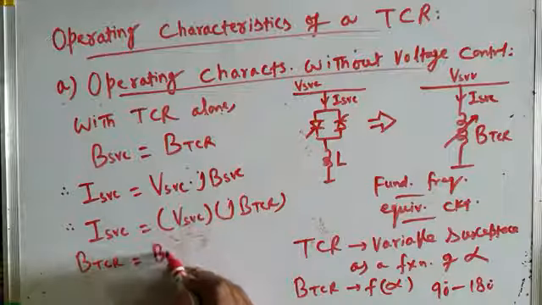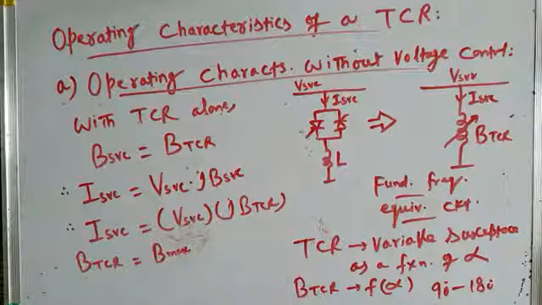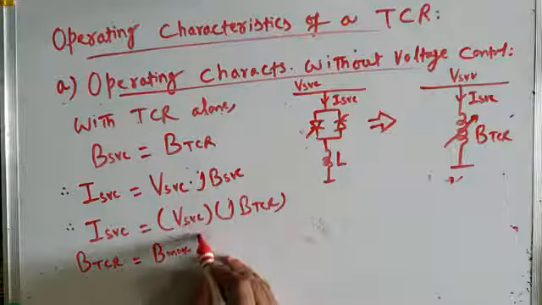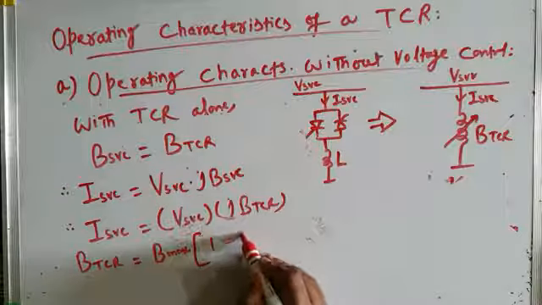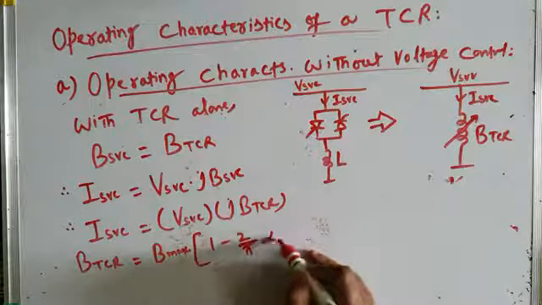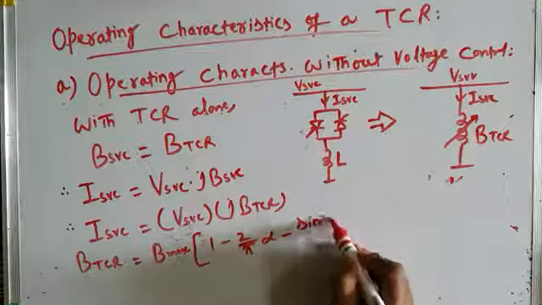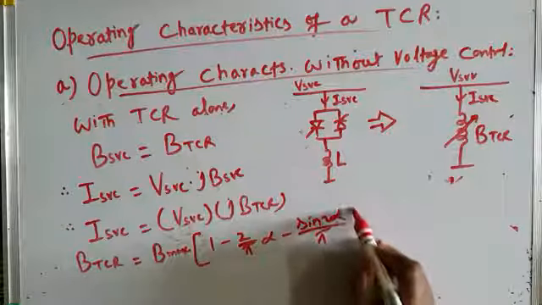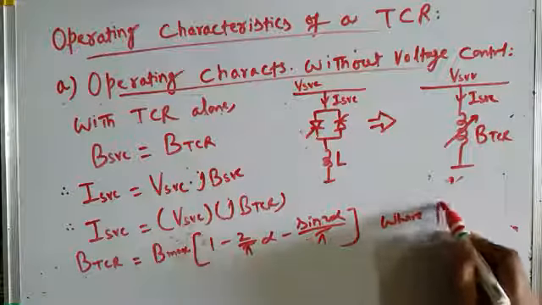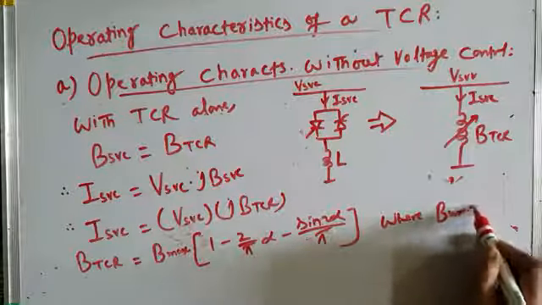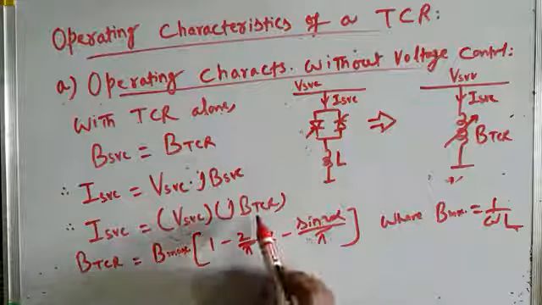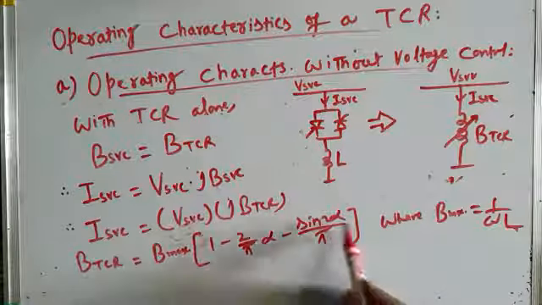It is Bmax times (1 minus 2 alpha by pi minus sine 2 alpha by pi), where we know that Bmax is equal to 1 by omega L. So we have to substitute the TCR susceptance here, as given by this equation.